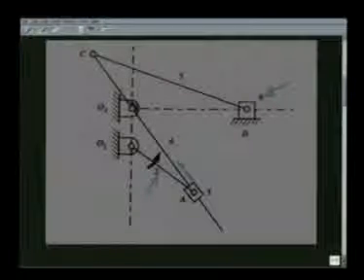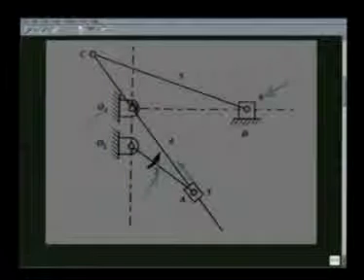Link 4 is hinged to the fixed link at O4, link 2 is hinged to the fixed link at O2, and links 4 and 5 are connected by this revolute pair at C. Link 5 and 6 are connected by this revolute pair, and link 6 has a prismatic pair with fixed link 1 along this horizontal direction. For these given kinematic dimensions, our objective is to determine the quick return ratio if the link 2, that is the input link, rotates at constant angular speed.